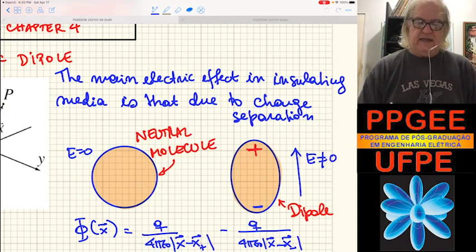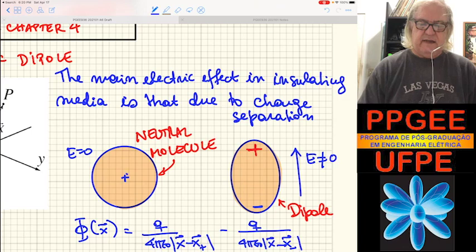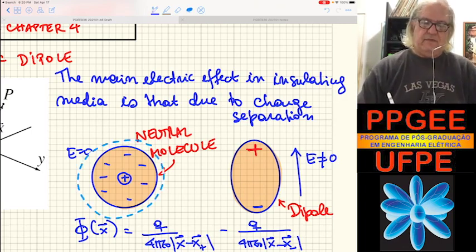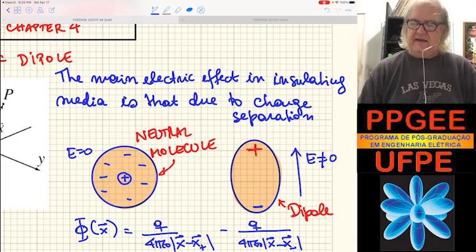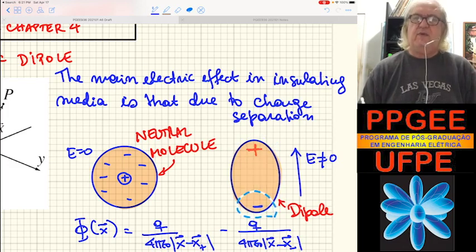You see that you have electronic clouds around the center, right? You have a center here, the nucleus, the positive charge, and an electronic cloud around. What happens when you apply an E field? Well, you simply push away the positive charge, right? And you pull the negative charge.